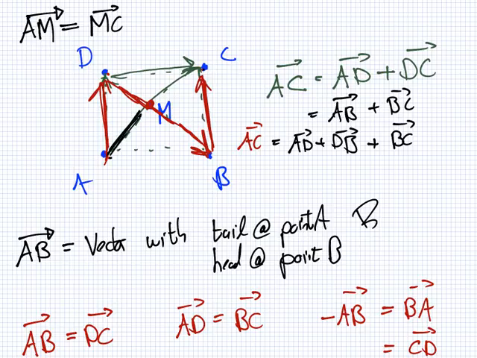Well, here's AM and here's MC. It's the same vector. But there is another vector you can say it's the same as. I wonder if you can see. Half AC, because it's half the length of AC.